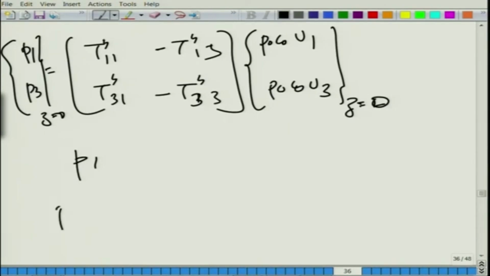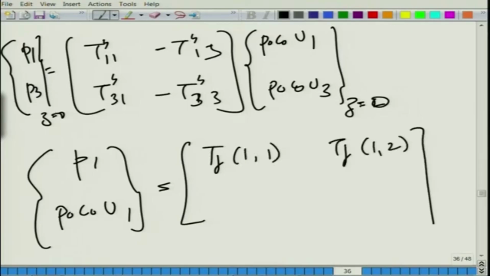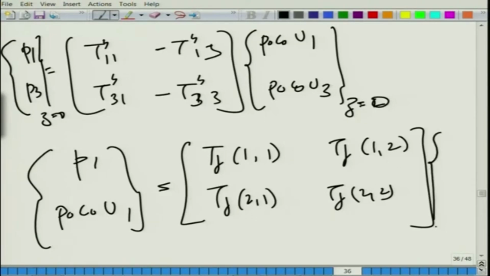I will do away with showing you the simplification, but let us say this is T f, your final transfer matrix, which is of this form, T f 2 1 and T f 2 2, and here you have your P 3 and rho naught C naught U 3. We can have this sort of a form.